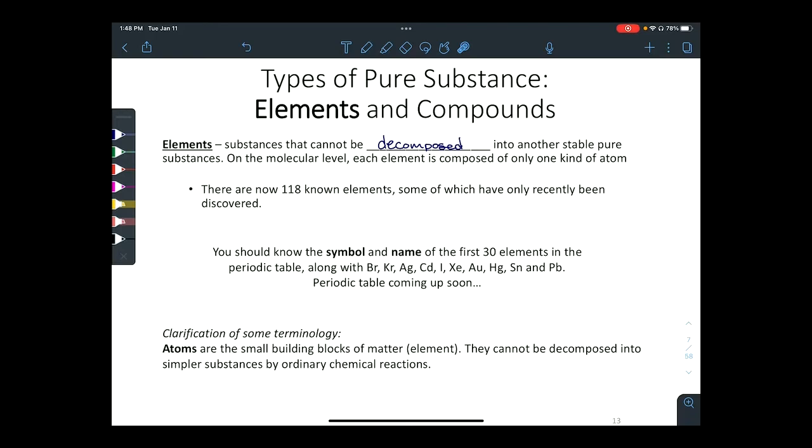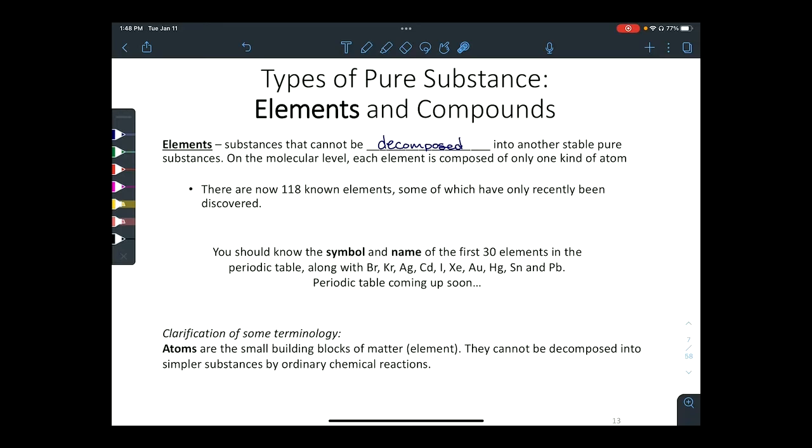It retains its identity and doesn't decompose any further. But once we get into subatomic particles in the next chapter, if we try to split a single gold atom, then it is no longer gold, and we split it into its subatomic particles. That's very, very difficult to do, all right? So you can't decompose elements any simpler than that.